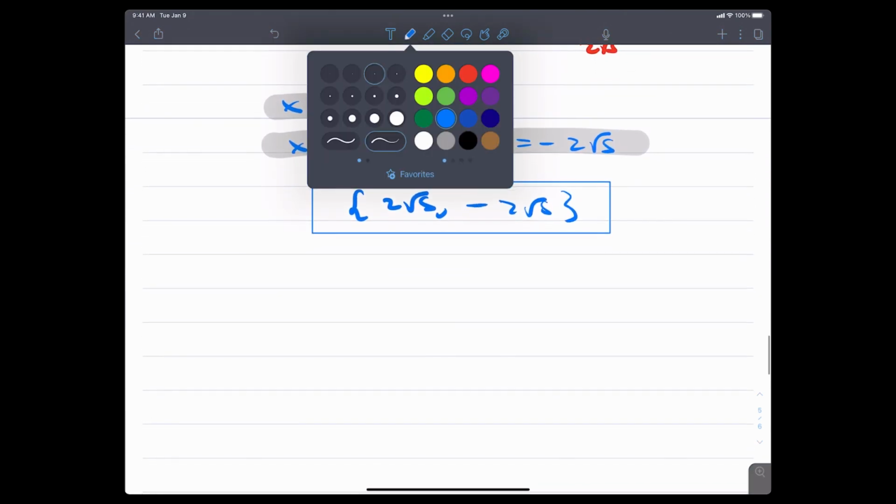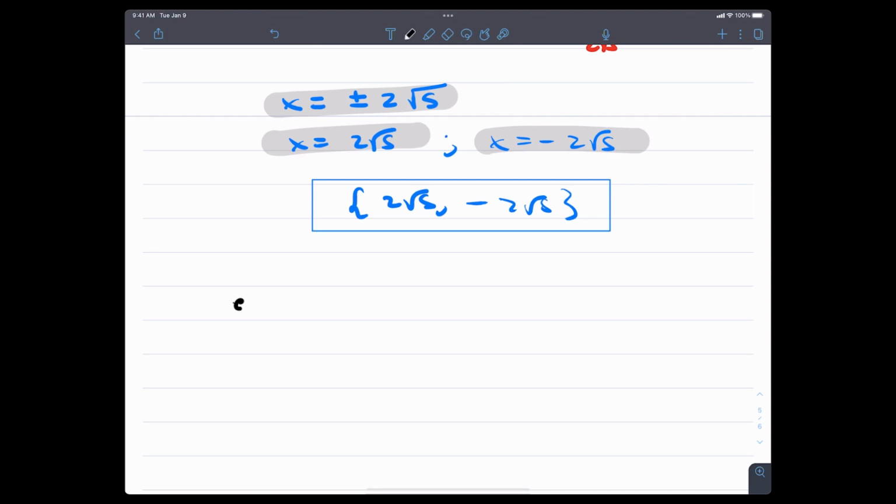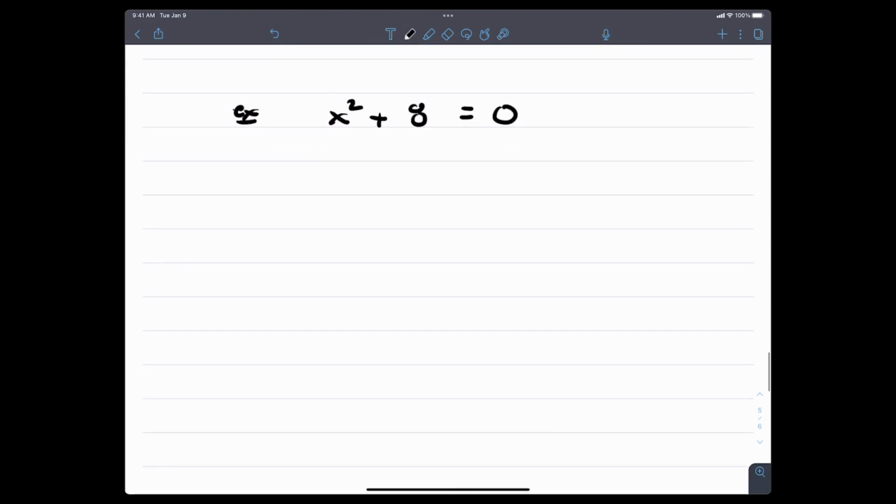Okay, let's give you guys some more here. What if they give you now, you say, okay, they gave me x squared plus 8 equals 0. Okay, so how do we get x squared by itself? So we could use the square root formula. What do you guys think?